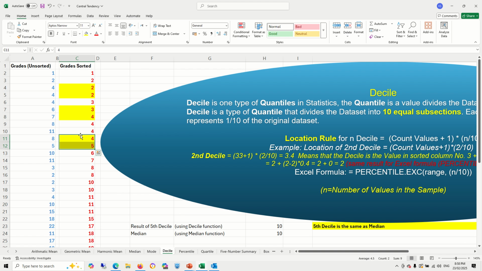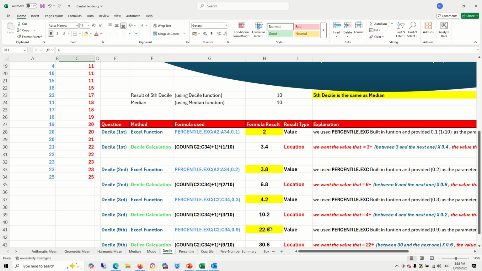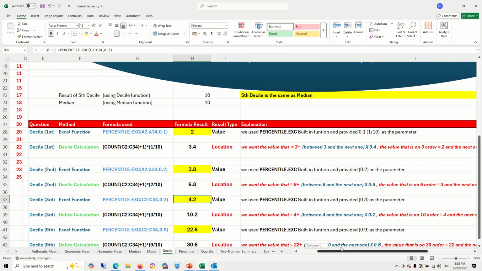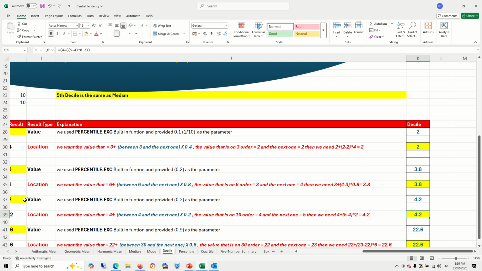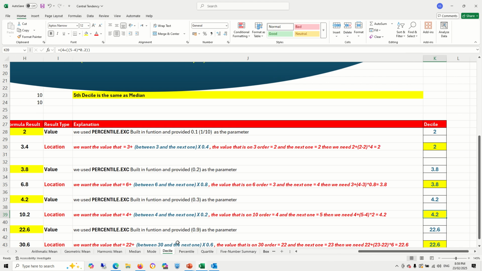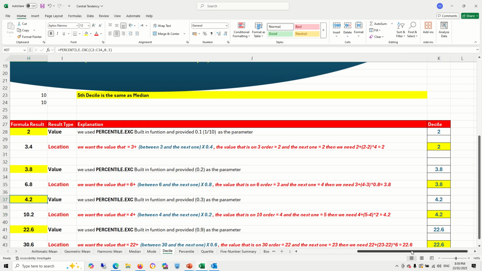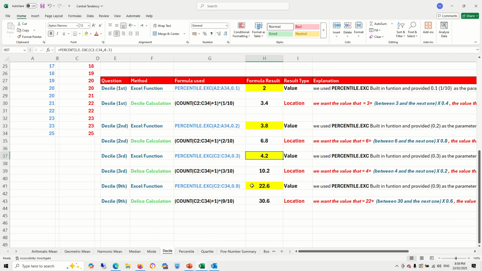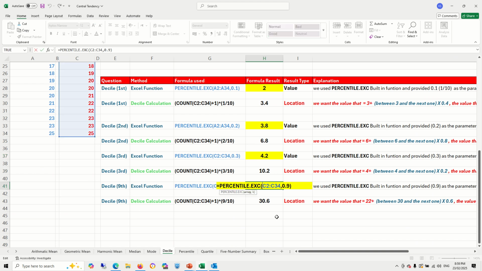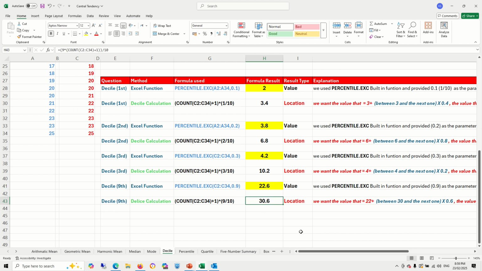So 10.2 means that 4 plus 5 minus 4 multiplied by 0.2, it means simply 4.2, which is the same, as you see here, 4.2 is the same result obtained using Excel formula. Also, we can apply the same to get the ninth decile. As you see, the direct result using Excel is 22.6. The location is 30.6.